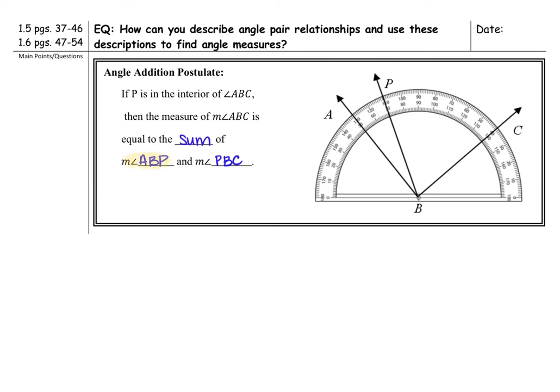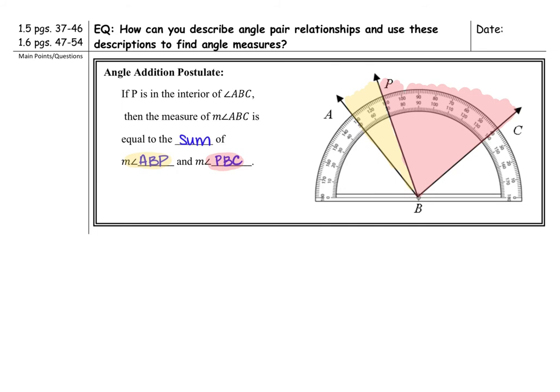The measurement of angle ABP is this small one here on the left-hand side. And then the measurement of angle PBC is the larger one. So all this means is that if I wanted to find the measure of angle ABC, I can simply take this yellow angle and add it to this red angle, and it would give me the measure of the larger angle.